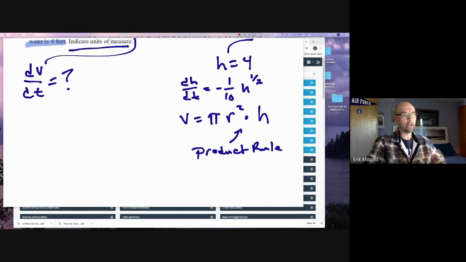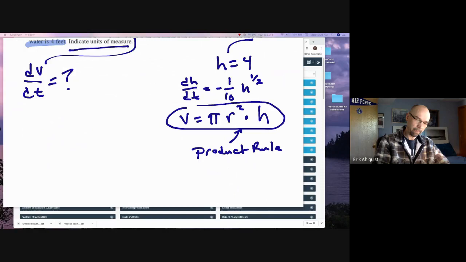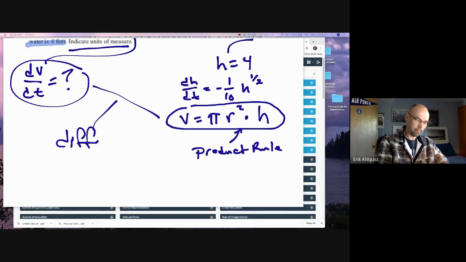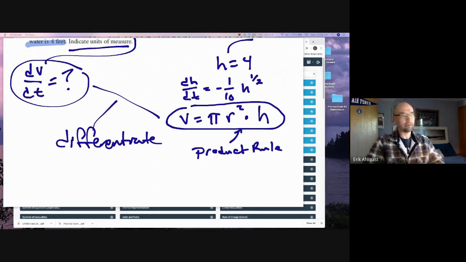So right away, there's a product rule in there that I know I'm going to have to invoke. Because if this is the equation that I have, and this is the question that I have, I know I'm going to have to differentiate.